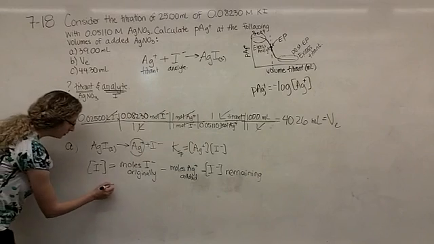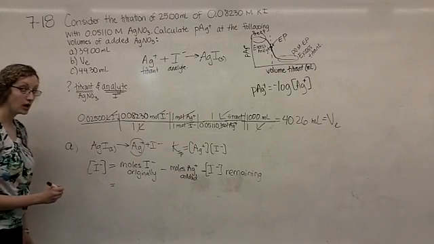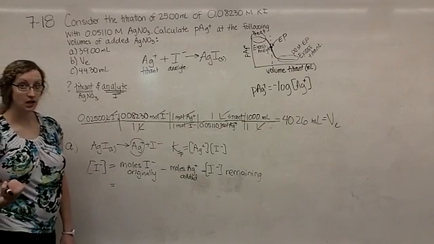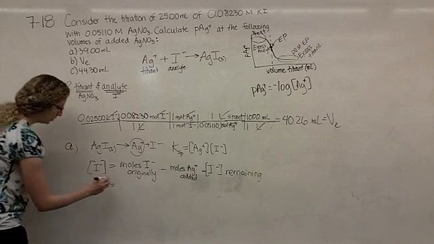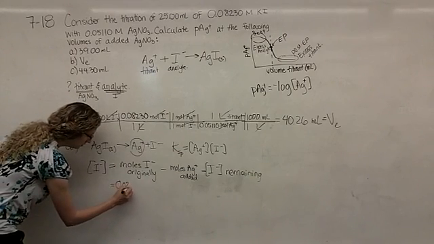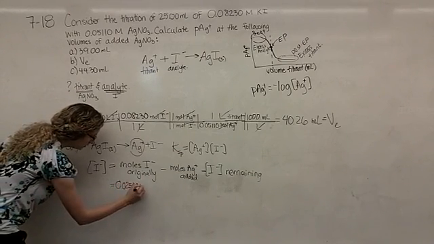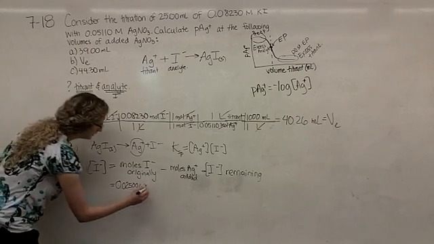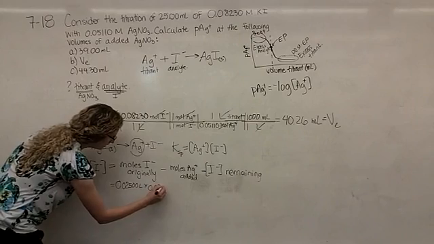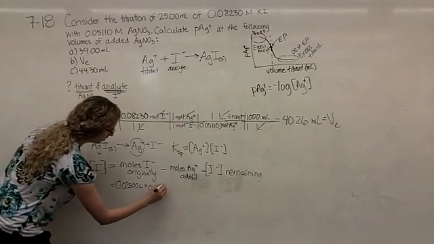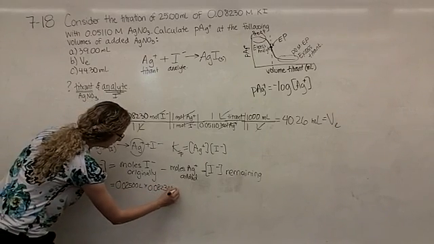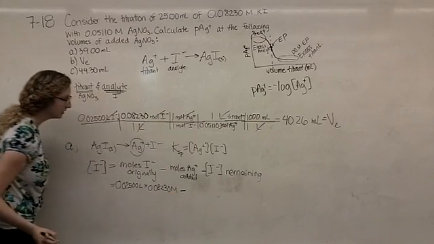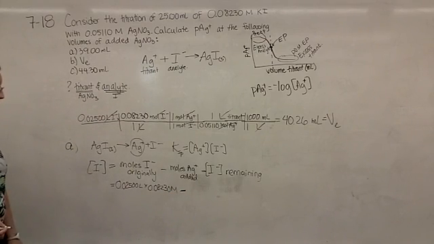Okay, so the moles we can get from the concentration times the volume in liters. So we have 0.0250 liters times our concentration, which is 0.8230 molar, minus the moles of silver added.